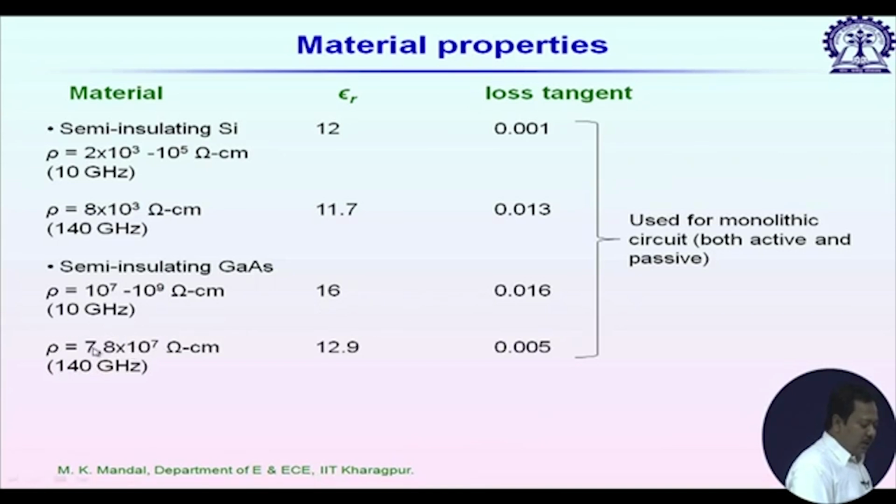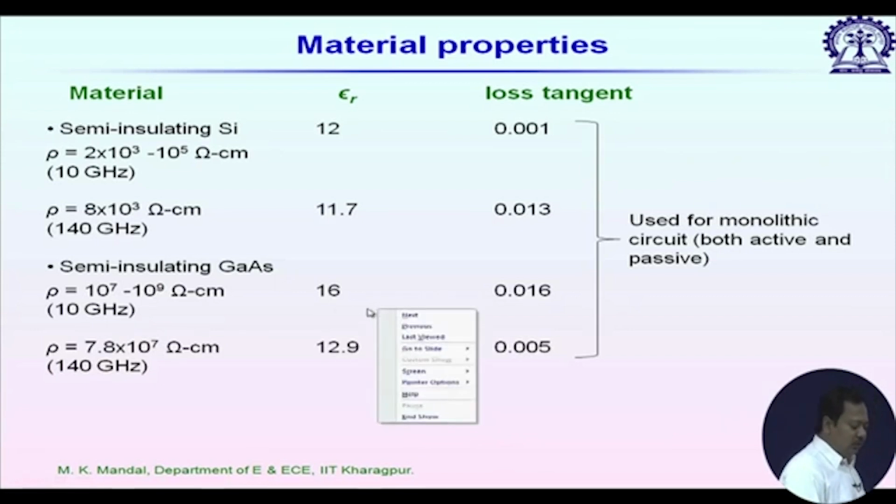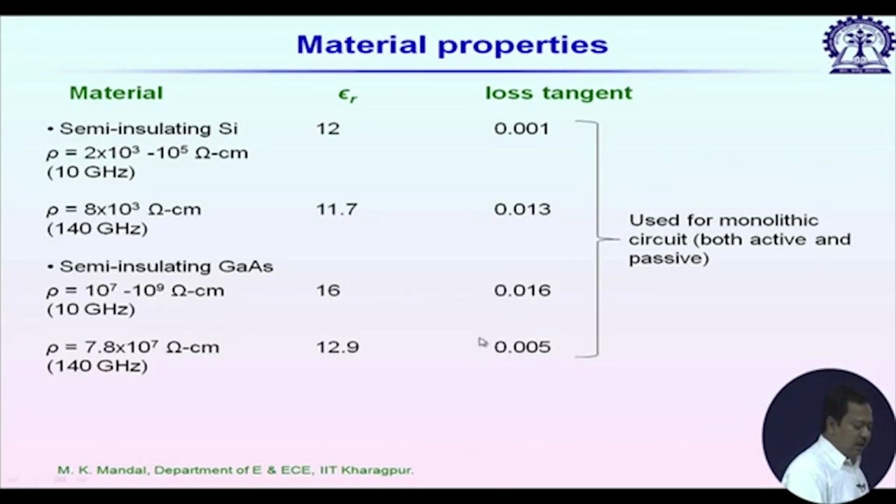And if I consider a typical value, rho 7.8 into 10 to the power 7 ohm centimeter, for which the measured value of epsilon r is 12.9 at 140 gigahertz, and the loss tangent is 0.005. So, if I compare the loss tangent value with silicon, obviously it is a very good substrate, almost like dielectric, but the problem is that it is very expensive compared to silicon.